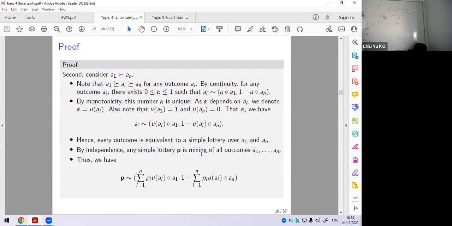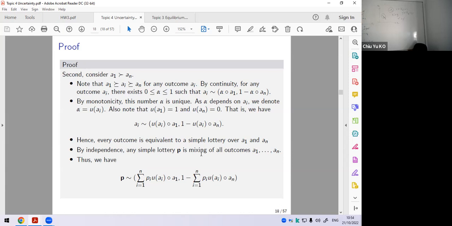By continuity, there must exist something in the middle that is indifferent. And the ratio at this point is called utility. This will be the same idea here. But there I can go to the best and the worst by looking at each bundle, and here I need to reference A1 and An.